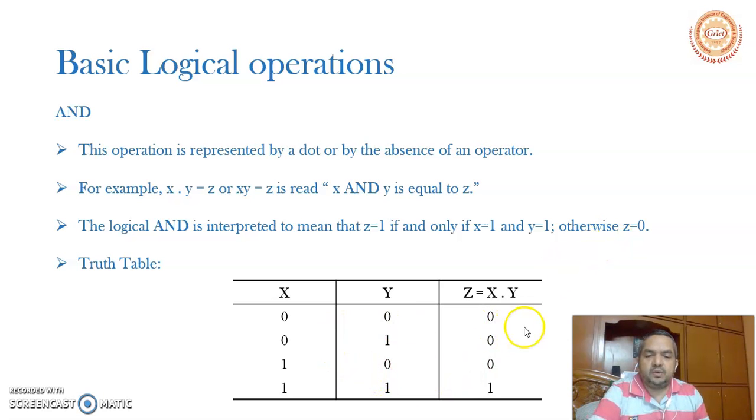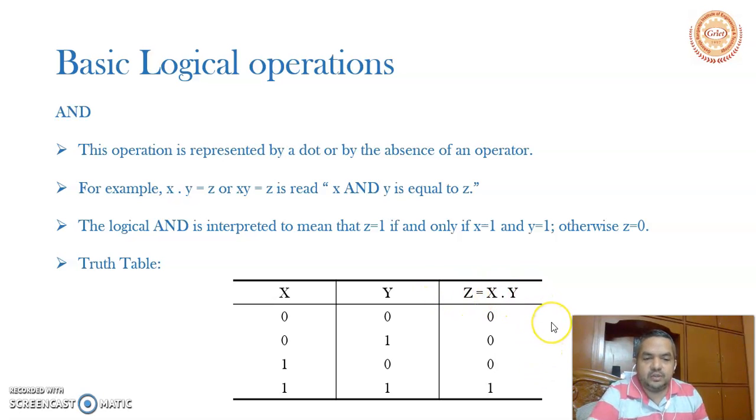From the truth table we can understand the functionality of the AND operation. I am talking in terms of binary operations only here. If x is one input and y is the other input, z is equal to x dot y, or x AND y.